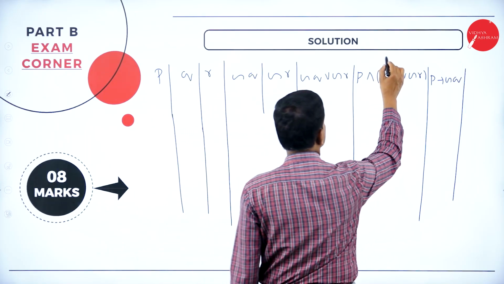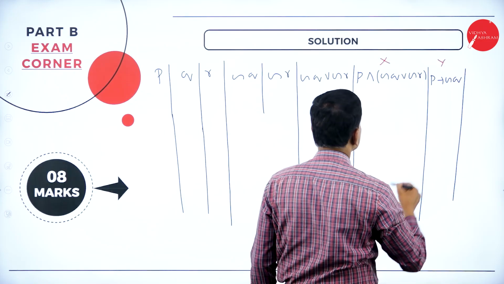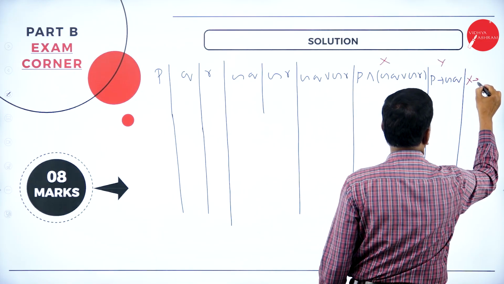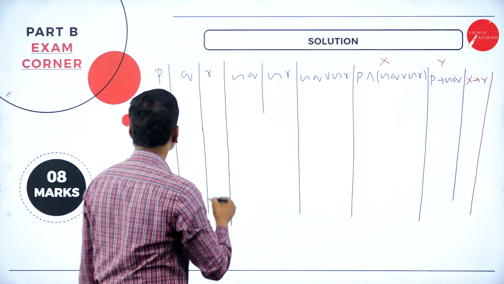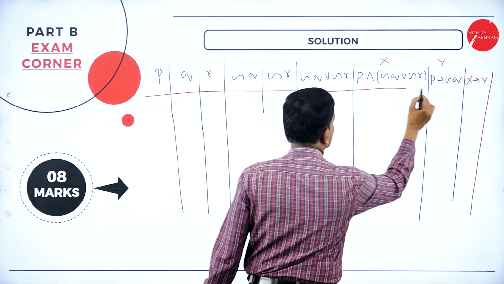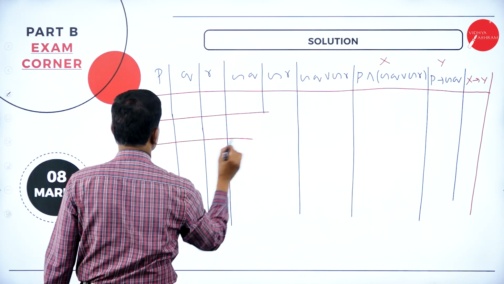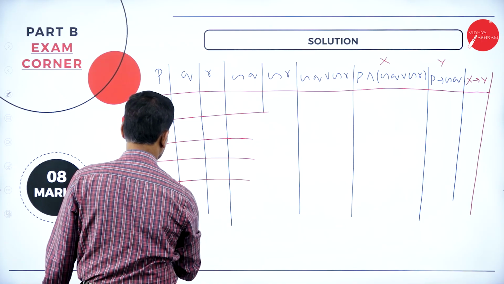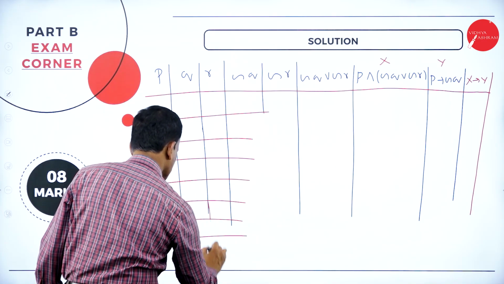Call them X and Y, and write down the conditional, X conditional to Y. That's it. This is how we are going to write the truth table. Okay. Now, 8 sets: 1, 2, 3, 4, 5, 6, 7 and 8.